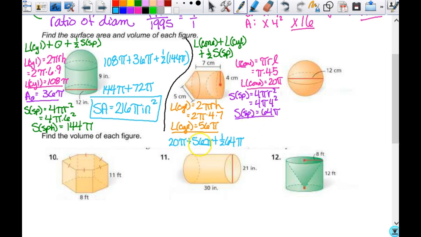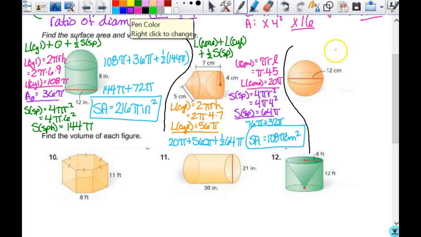So that 20 and the 56 gives me 76 pi plus 32 pi. So the total surface area is 108 pi centimeters squared. Everybody okay with that?